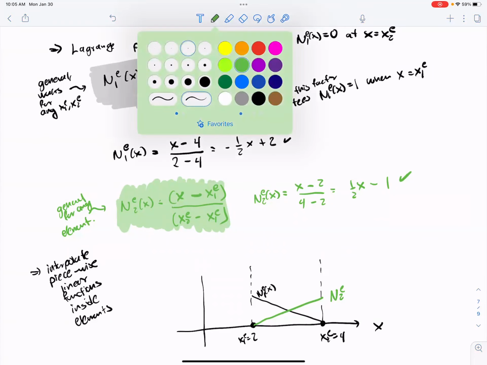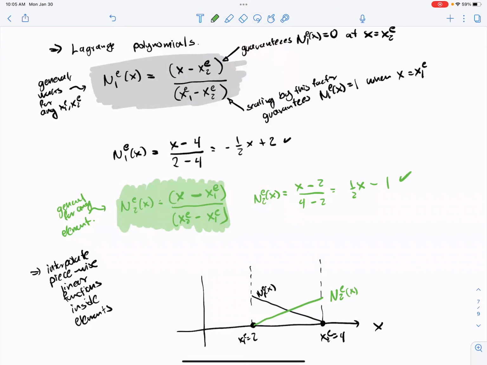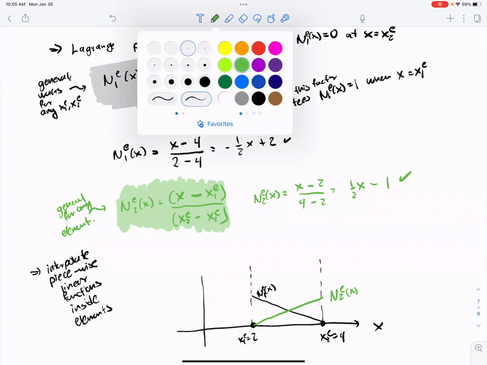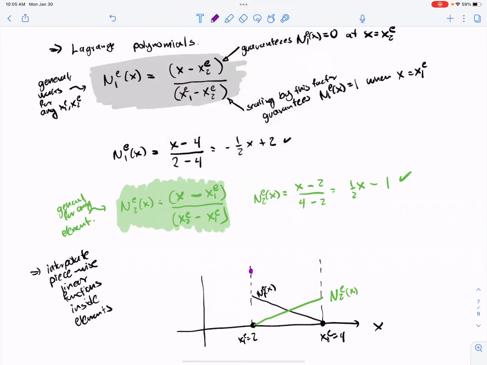And then now I need two values, and it doesn't matter what they are. I have some u1 value, let's say, for example, 3, and then some u2 value, let's say 5.